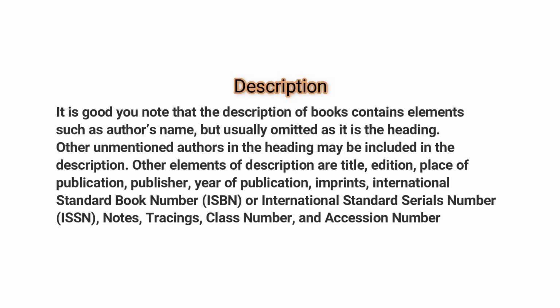Other elements of descriptions are title, edition, place of publication, publisher, year of publication, imprint, International Standard Book Number ISBN or International Standard Serial Number ISSN, notes, tracings, class number, and accession number.